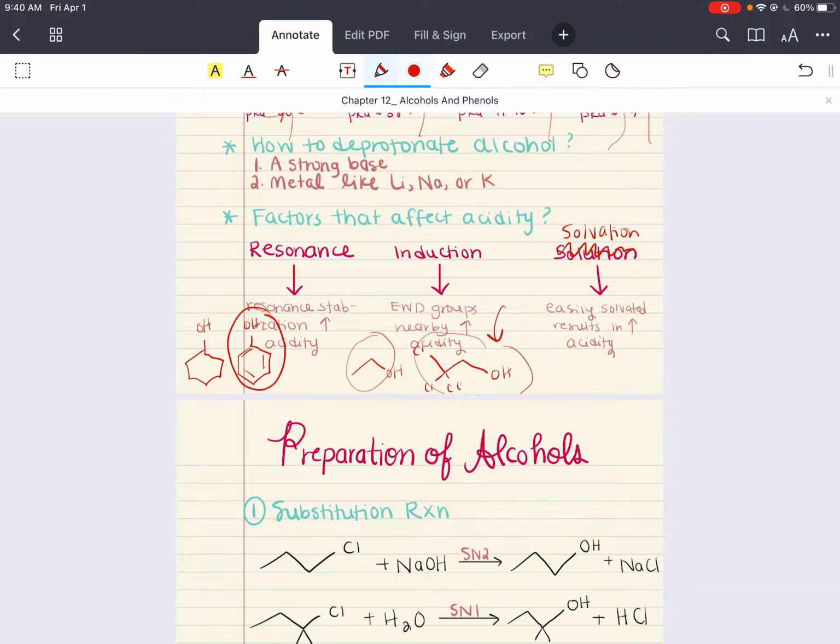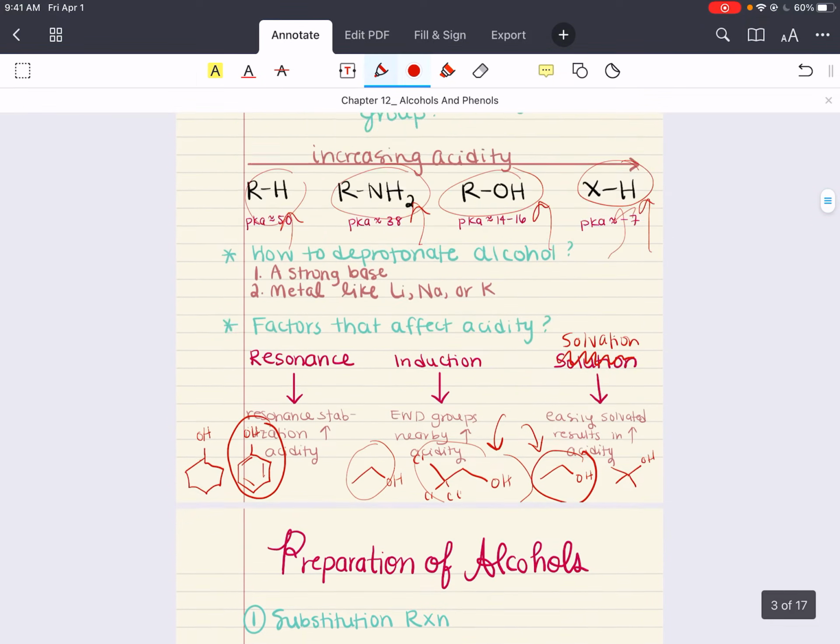Molecules that are easily solvated, so molecules that are not sterically hindered, display greater acidity, relatively speaking. If we're comparing ethanol versus a tert-butyl group like this, ethanol is more easily solvated because it's not sterically hindered like the tert-butyl group, therefore more acidic. So it's something to keep in mind. The three factors that affect acidity are resonance, induction, and solvation effects.